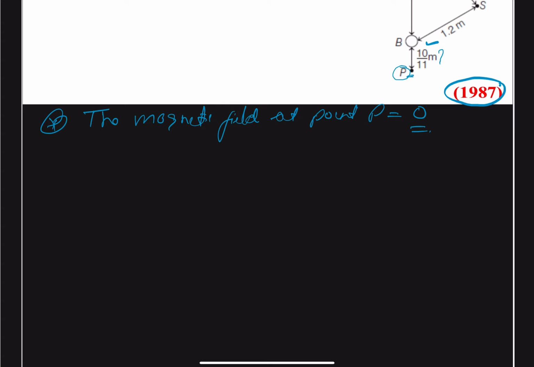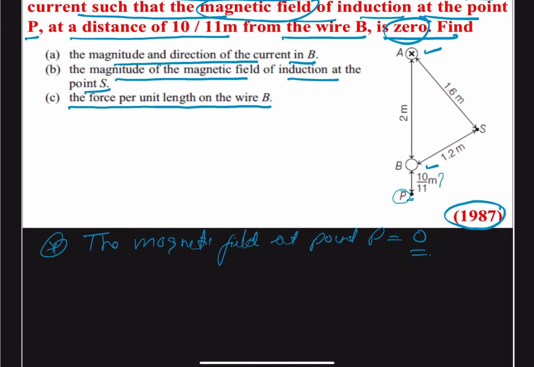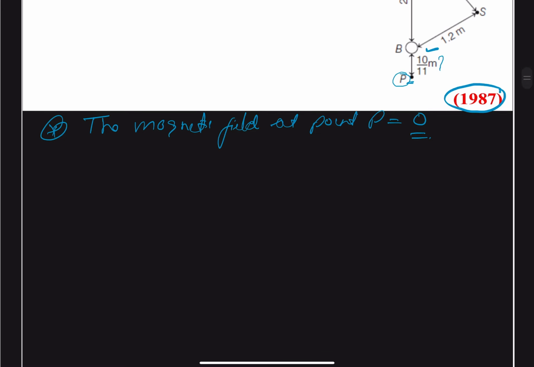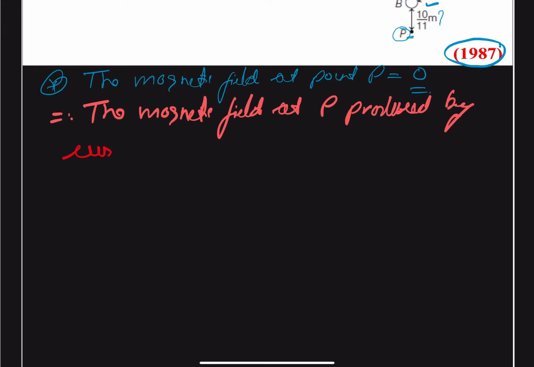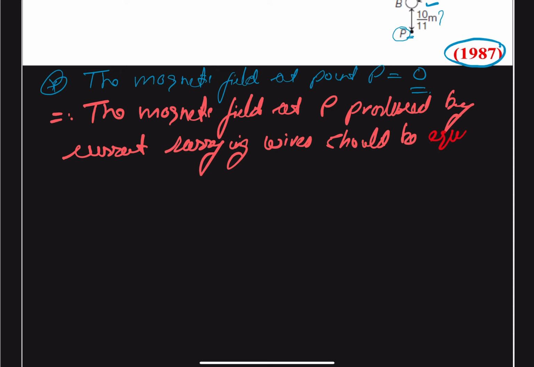Okay, so it means for wire A the current is in the downward direction, so therefore the wire B should be carrying a current which is opposite to that of the wire A. So you can see from here that the magnetic field at P produced by current carrying wires should be equal and opposite.